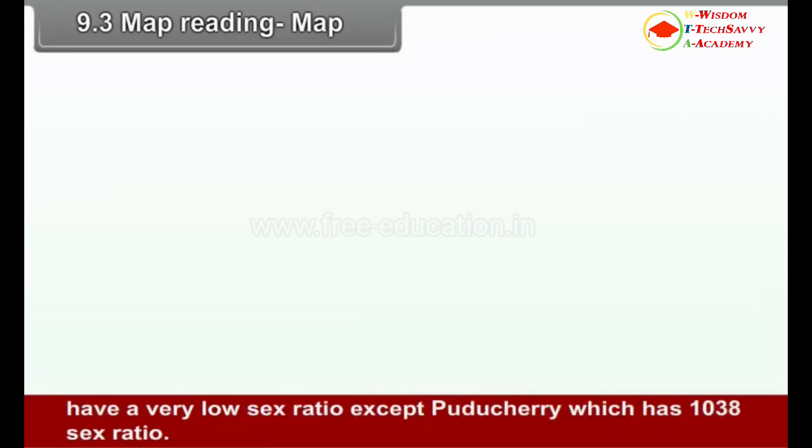877. Union territories like Chandigarh, Delhi, Dadra and Nagar Haveli, Daman and Diu, etc. have a very low sex ratio except Puducherry, which has 1038 sex ratio.